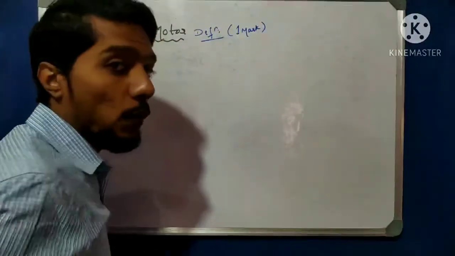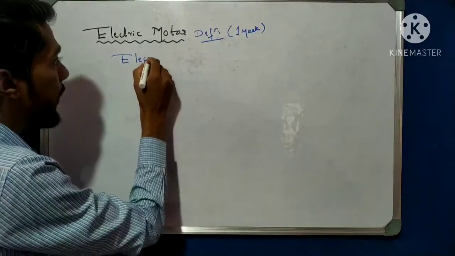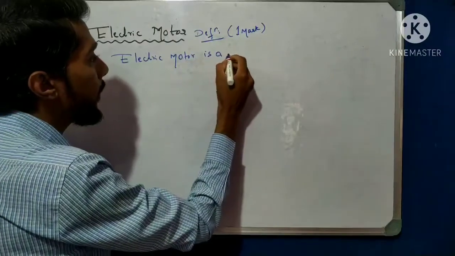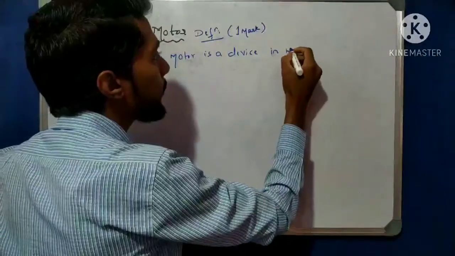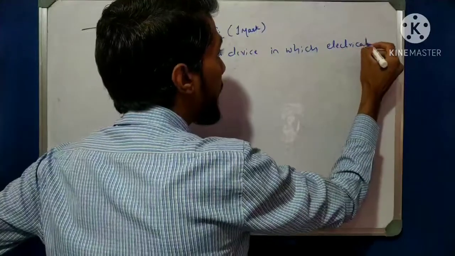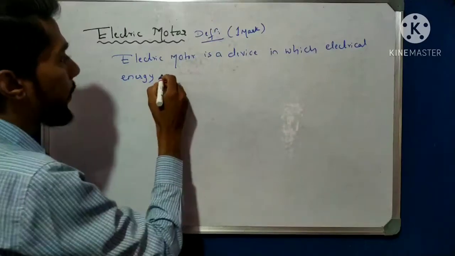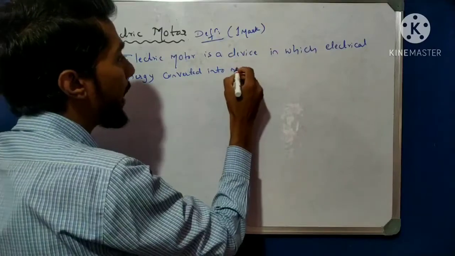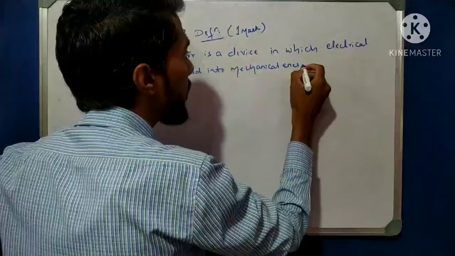The answer is: electric motor is a device in which electrical energy is converted into mechanical energy, that is, we also call it rotational energy.